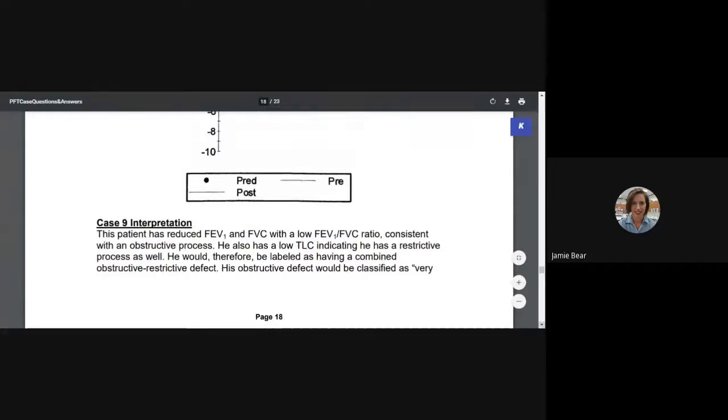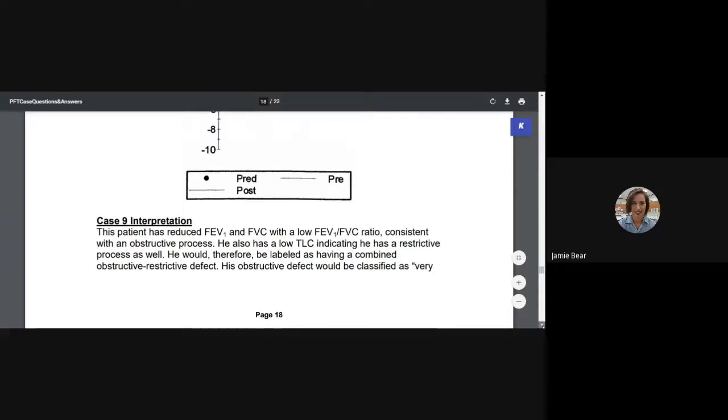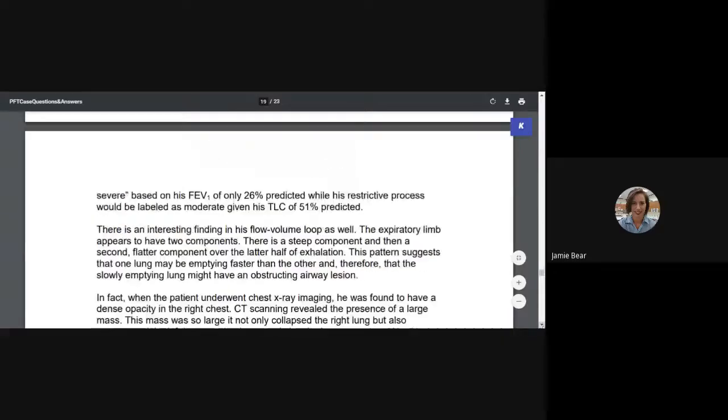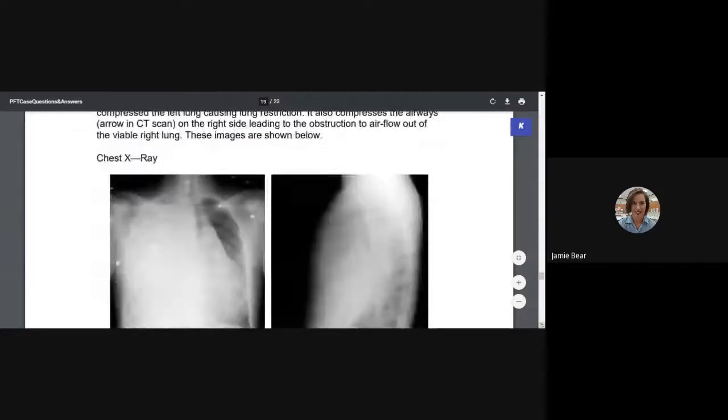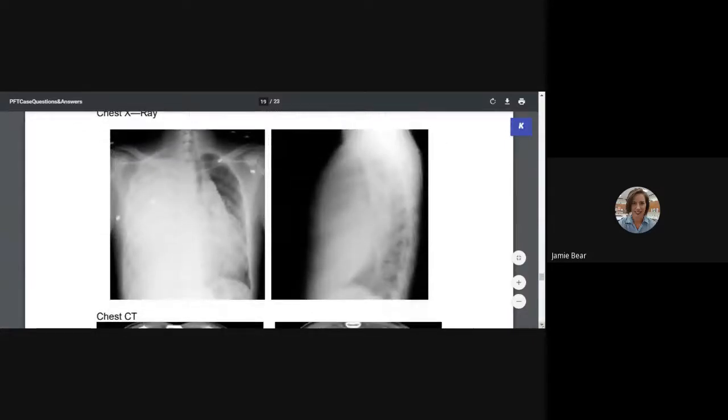Now, something in his history that was quite concerning was the night sweats. So night sweats generally happen with lung cancer and tuberculosis. So with this pattern, we really would be concerned with some sort of cancer. And then we look at the imaging, and oh my goodness, he has an extremely large mass on this right side.